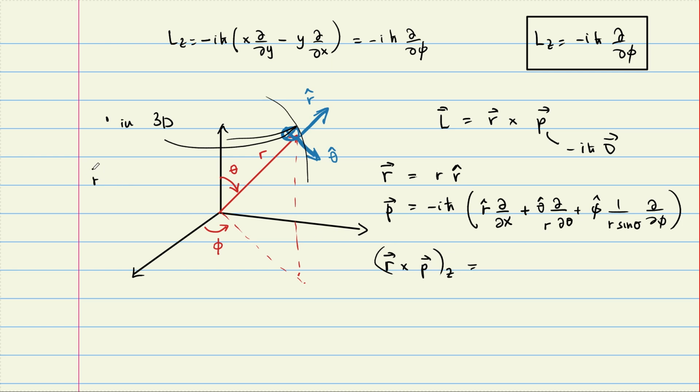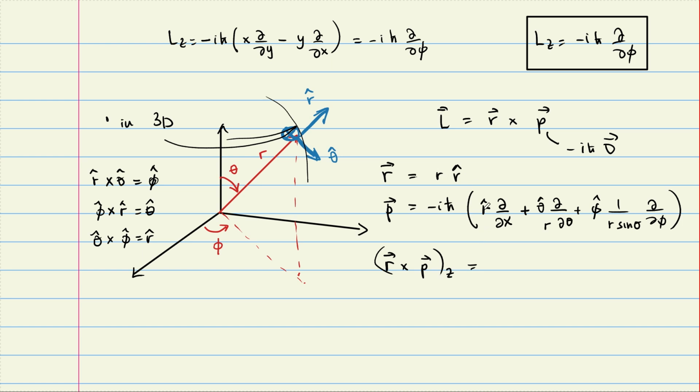For example, r cross theta: this is r, this is theta, so you can imagine this to be x, this to be y. x cross y is going to give you z, but in this little coordinate system, z is along the phi direction, and you can cycle it. For example, theta cross r is minus phi, and one more cycle, theta cross phi is r hat.